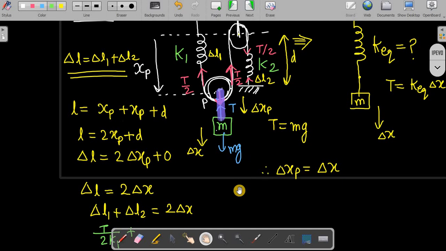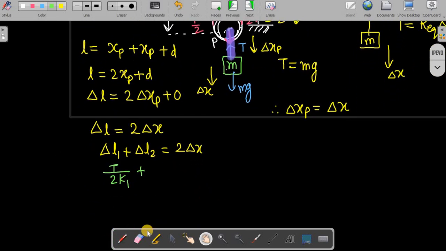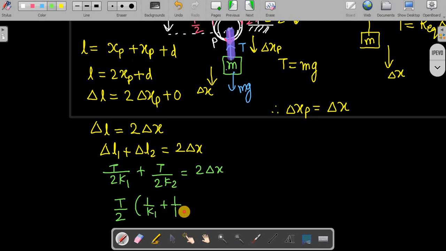Force in spring 2 is T by 2, that is the tension, the same. So T by 2 by k2. T by 2 by k1 plus T by 2 by k2 is equal to 2 delta x. Now from here you can take T by 2 common. It will become 1 by k1 plus 1 by k2, which is equal to 2 delta x.